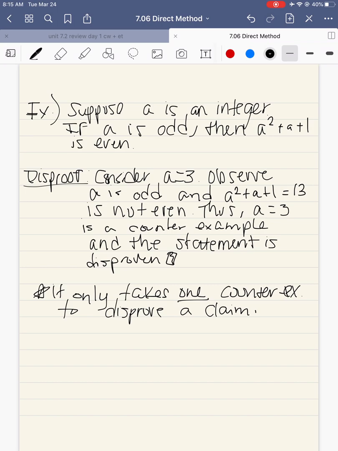So as you can see, it's really difficult to prove things, because if it only takes one statement to disprove it, how can you be 100% sure that every single integer from negative infinity to infinity will meet that criteria? And that is a difficult thing. Mathematicians have spent a long time of their lives trying to do that.